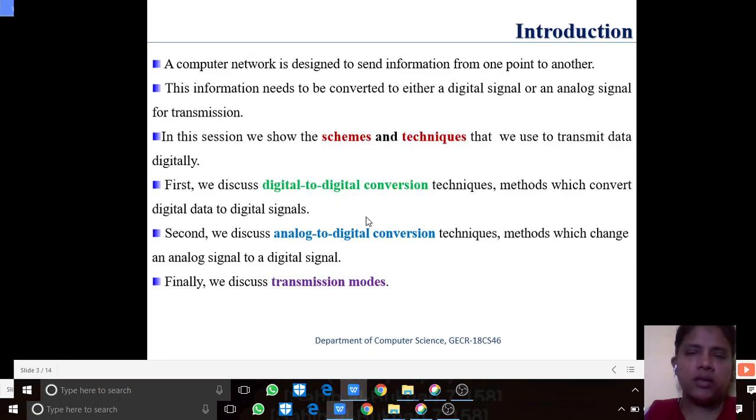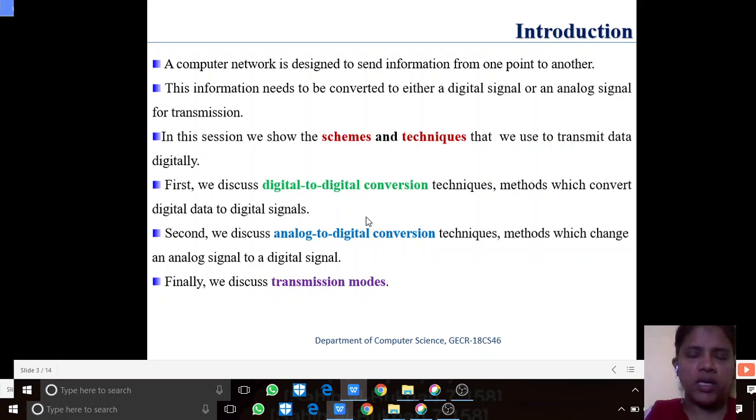Let us start. So all of you know, in order to send information from source to destination, or from one point to another point in a computer network, the data has to be converted into one form. You have information in different forms: text, audio, webcam data, images.